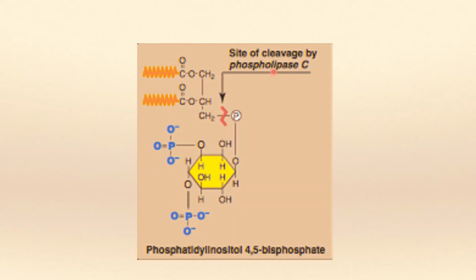Now, this phosphatidyl inositol 4,5-bisphosphate will be acted upon by phospholipase C. It will be activated because of the binding of hormones to the receptors, and it will release the diacylglycerol and inositol triphosphate, and these two molecules become the second messengers. They activate the different other enzymes and they exert the effect of that hormone within the cellular environment.